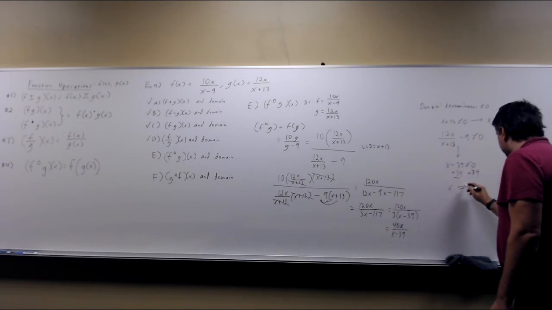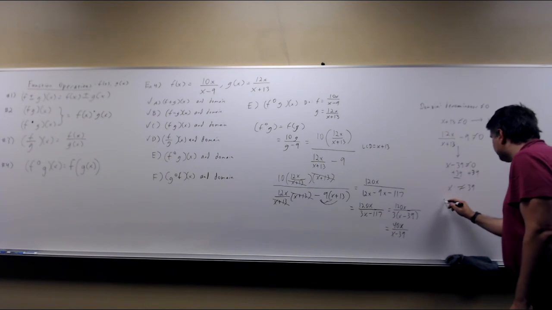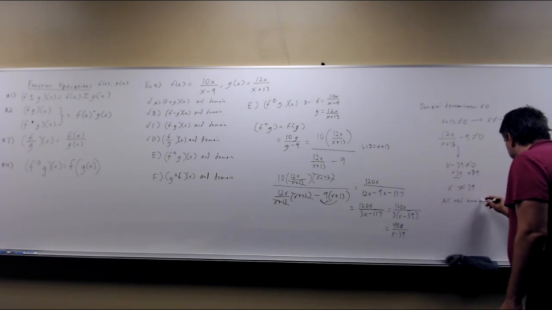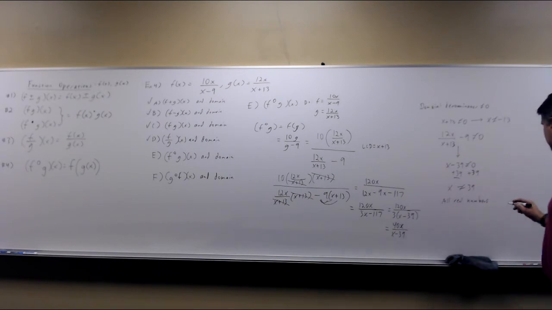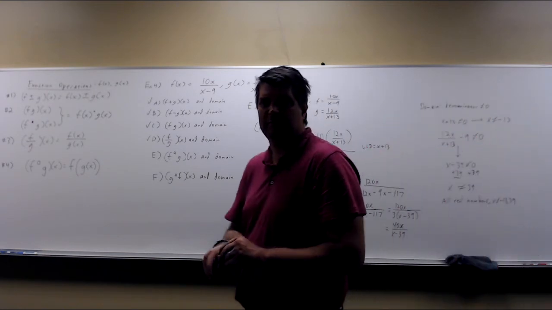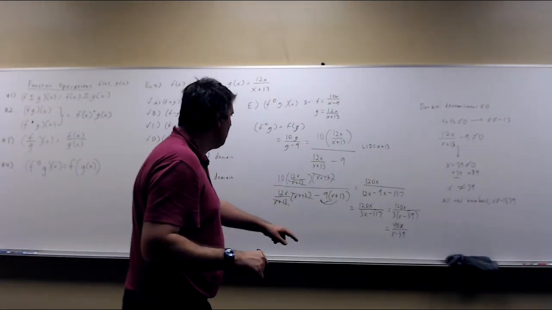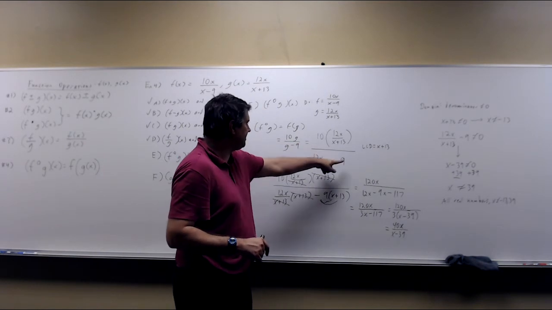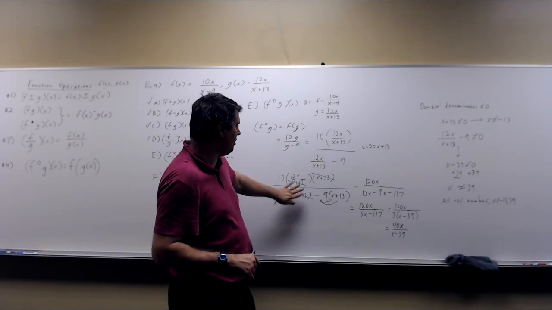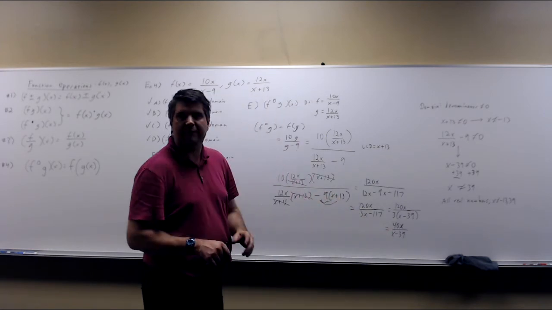So x cannot equal 39. So it ends up being all real numbers with the exception that x cannot equal negative 13 or 39. So that cannot equal 0, and this cannot equal 0. But by the time we were finished doing what we needed to do, that was all that was left.